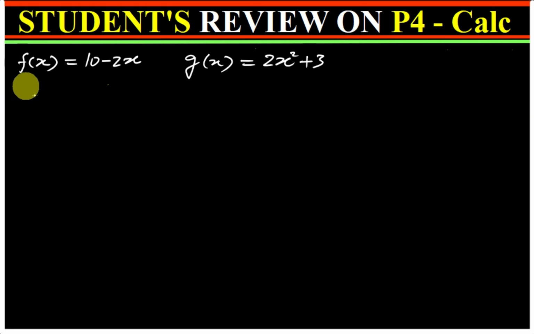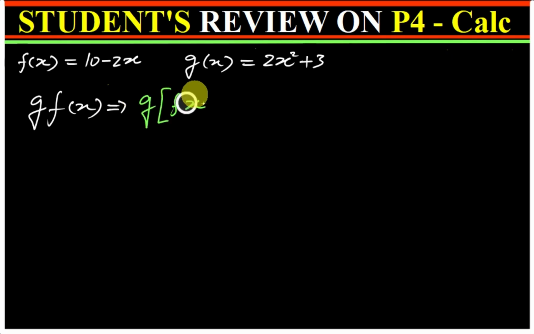Okay. Now in the next part of this question, it was asked to find g of f(x). This is the composite function. To find this, we'll write g of f(x). We write the function g first, and in place of x we write f(x), because here g(x) is equal to 2x square plus 3.